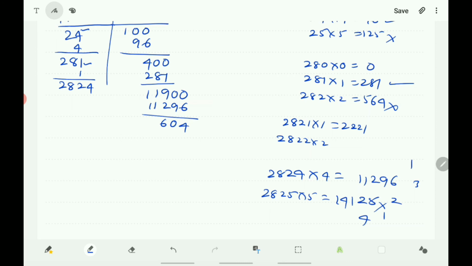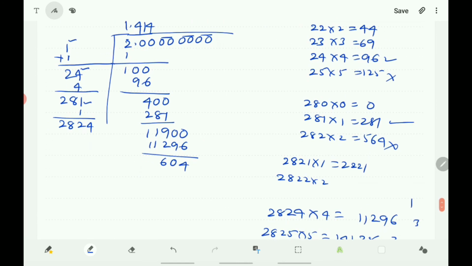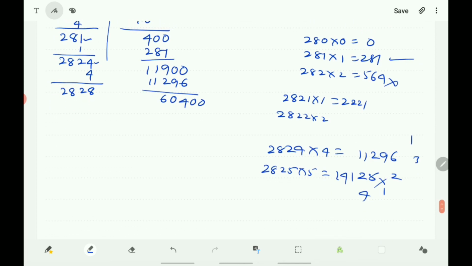6, not 4, you got, and take the next group. Here this is the number 4 you have taken. Add this 4, that becomes 2828. Again you try to keep the number in front of 2828.